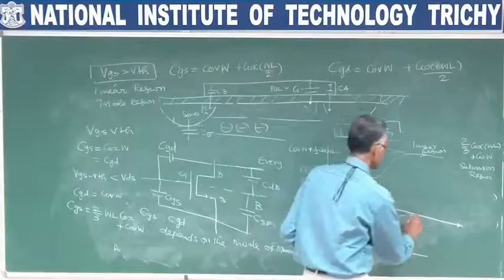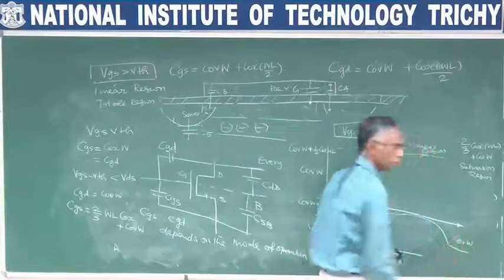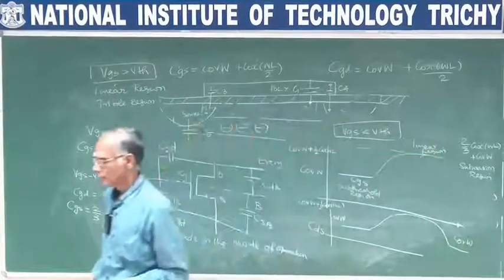Saturation region will again become COV into W. Okay, I think we'll stop here.